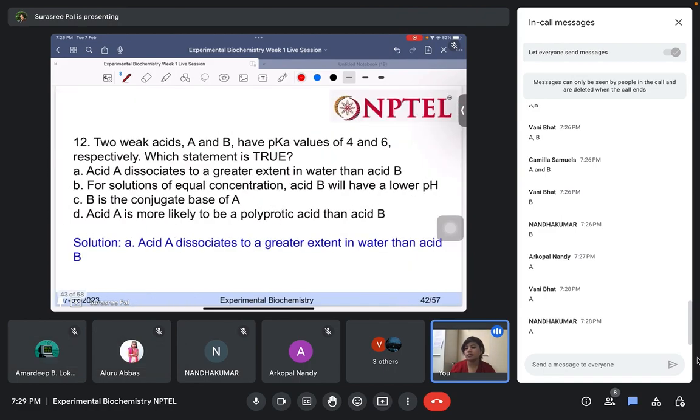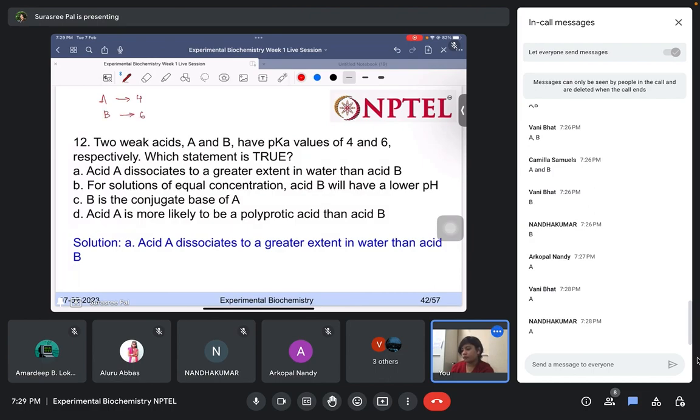Yes, the correct answer here is that acid A dissociates to a greater extent in water than acid B. Why? Because A has a pKa value of 4 and B has a pKa value of 6.